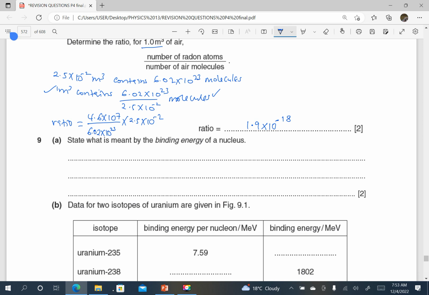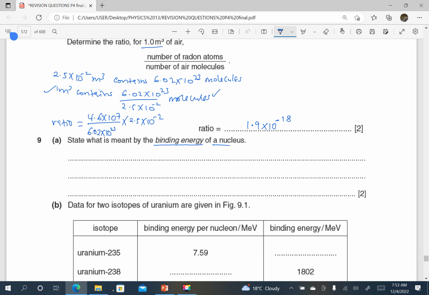State what is meant by the binding energy of a nucleus. We have already seen what binding energy is. The energy required to separate the nucleons in a nucleus to infinity or completely. So that is the binding energy.